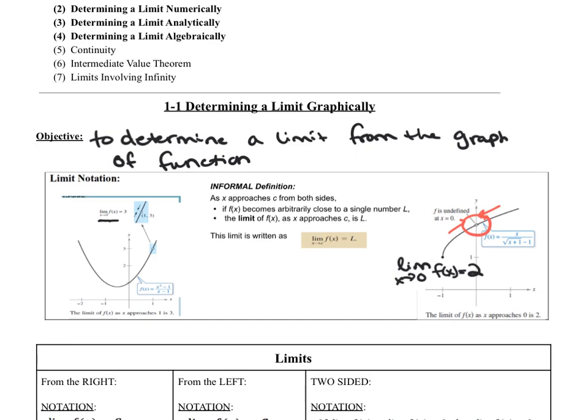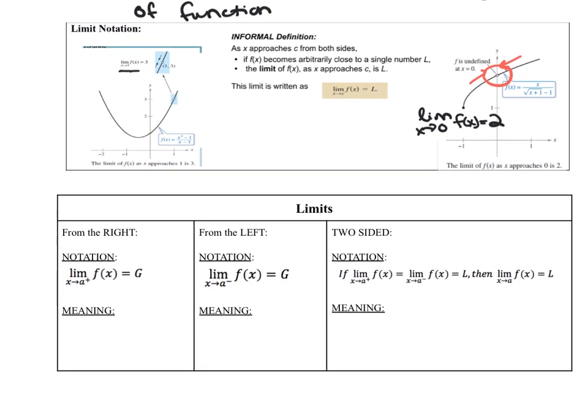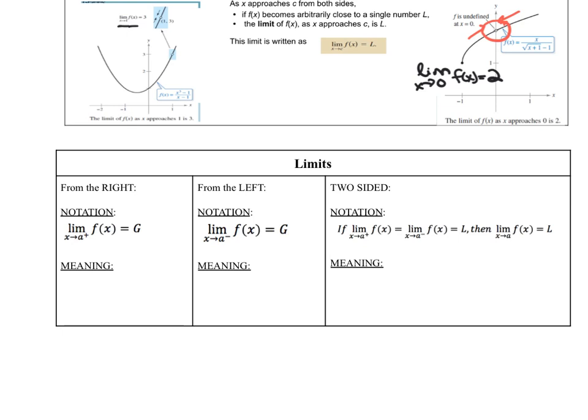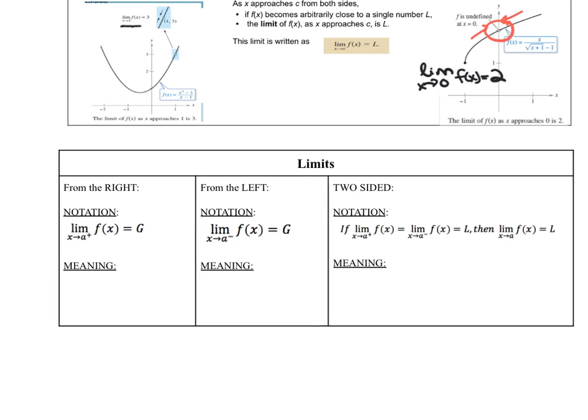So let's go through a couple of definitions and some notation. So we can approach limits from two different sides, from the right side and from the left side. From the right side is going to have this little plus right here.